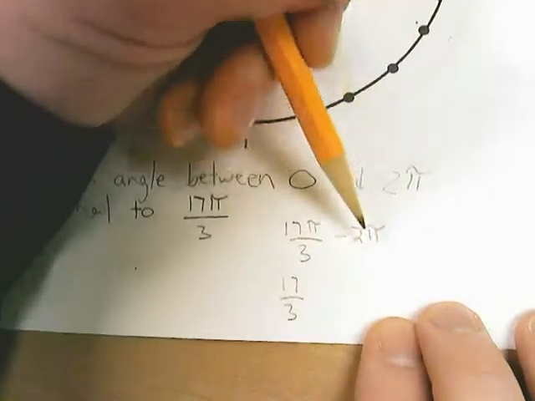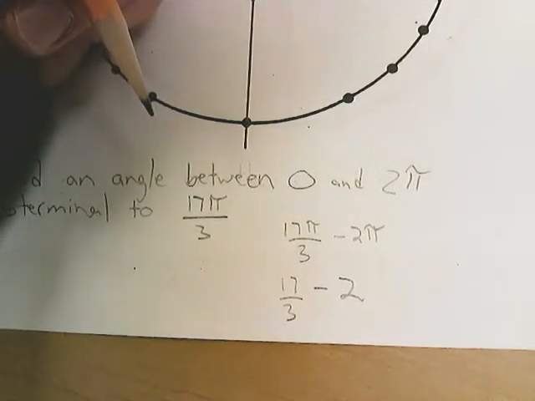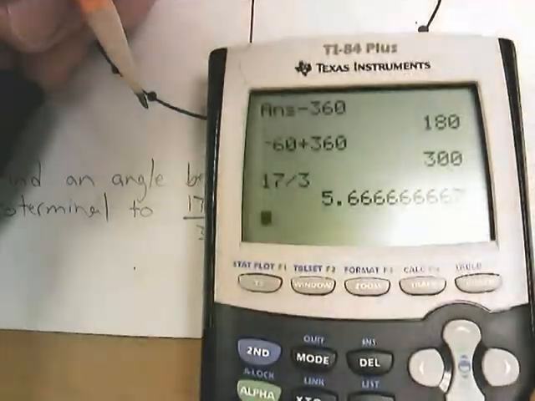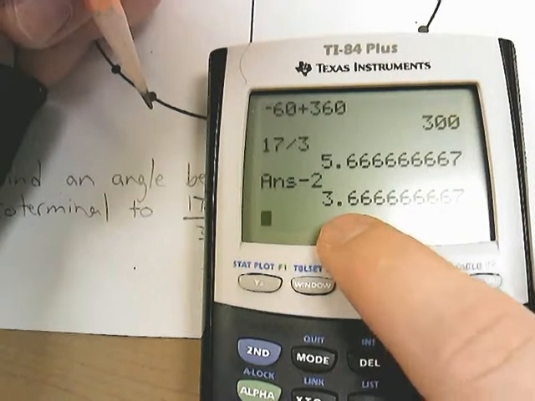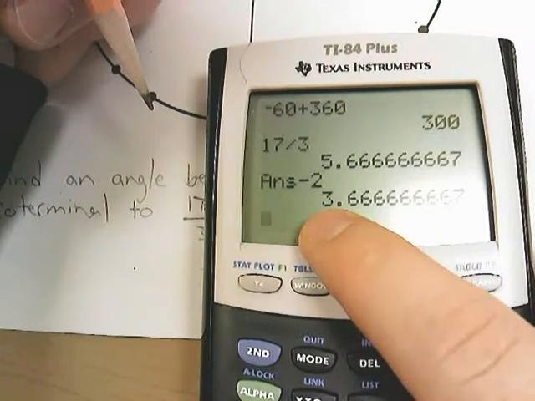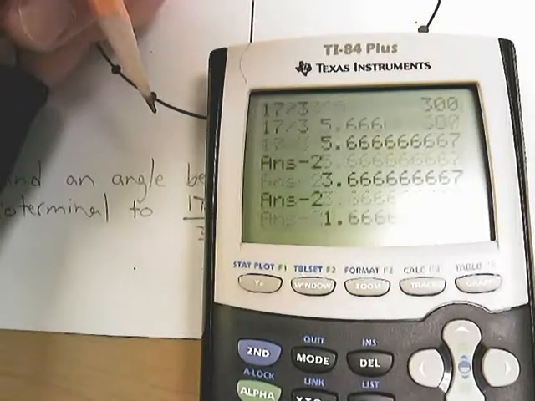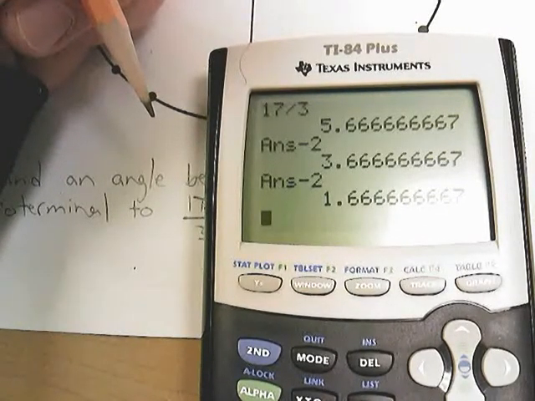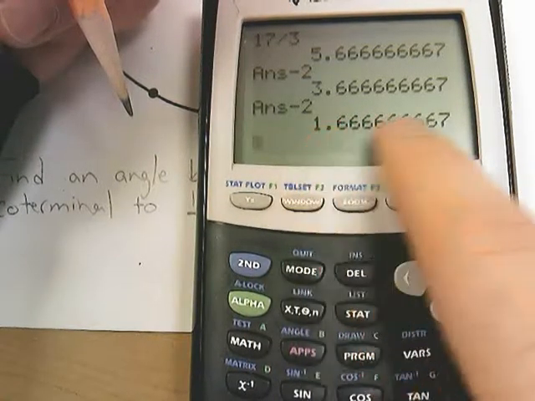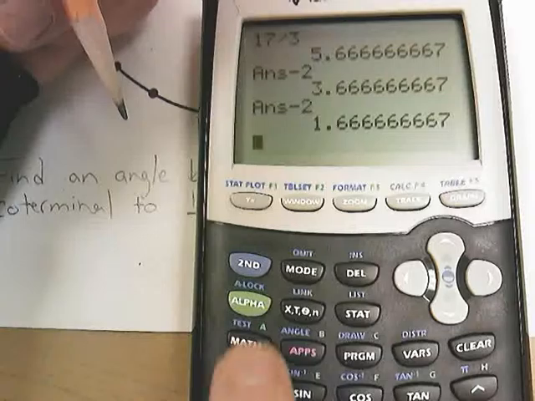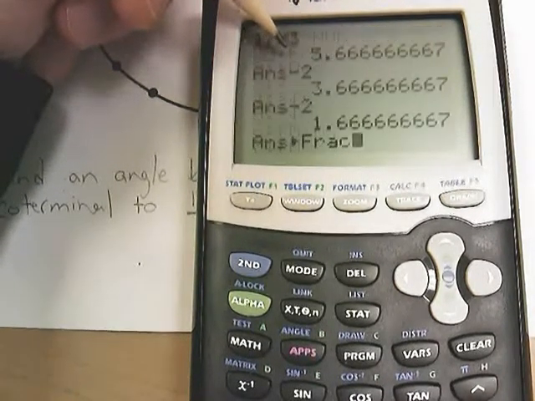What I do on my calculator is I actually just subtract the number 2, and I'll put the pi on again at the end. So 17 thirds minus 2, and I'm looking for something that's going to be between 0 and 2 pi, and if it's still too large, I'll subtract 2 pi again, or just the number 2. Subtract 2, and then we have 1.66. That is definitely a number between 0 and 2 pi, so I'll hit the math button and convert this into a fraction. Hit enter to select the fraction converter.